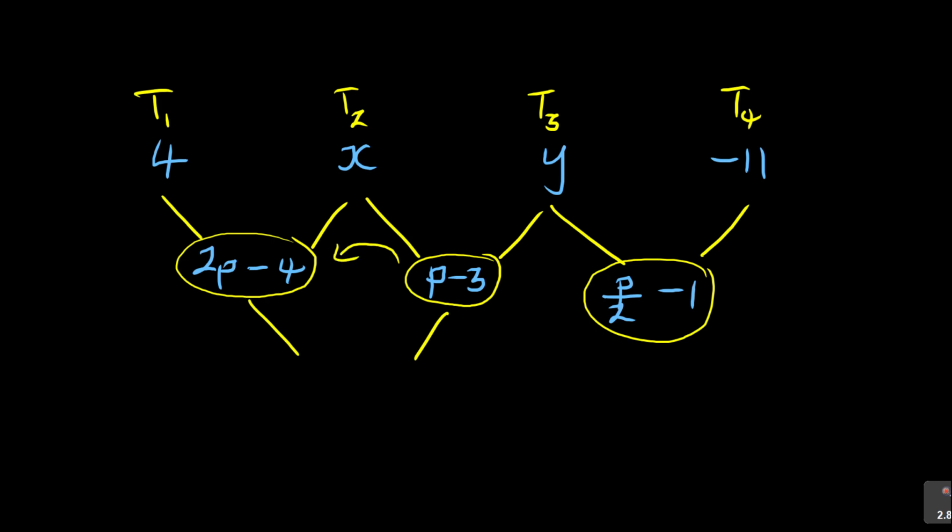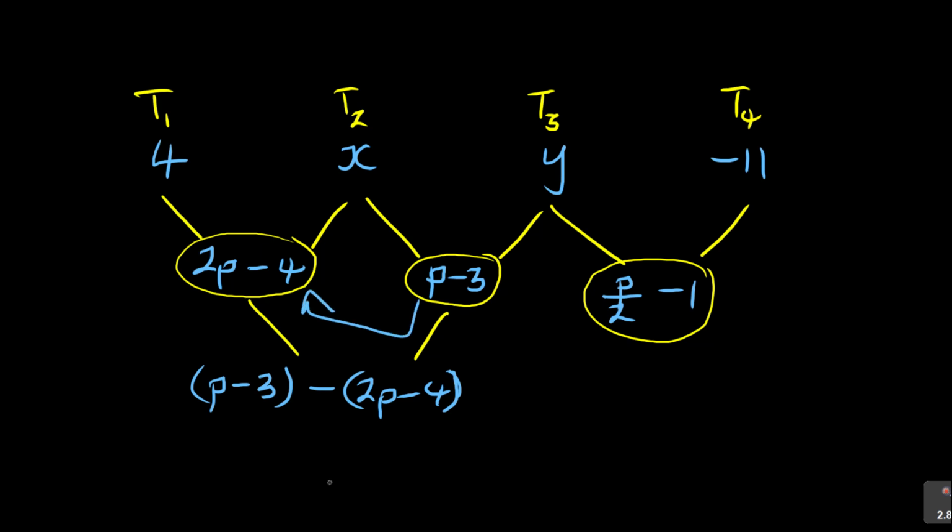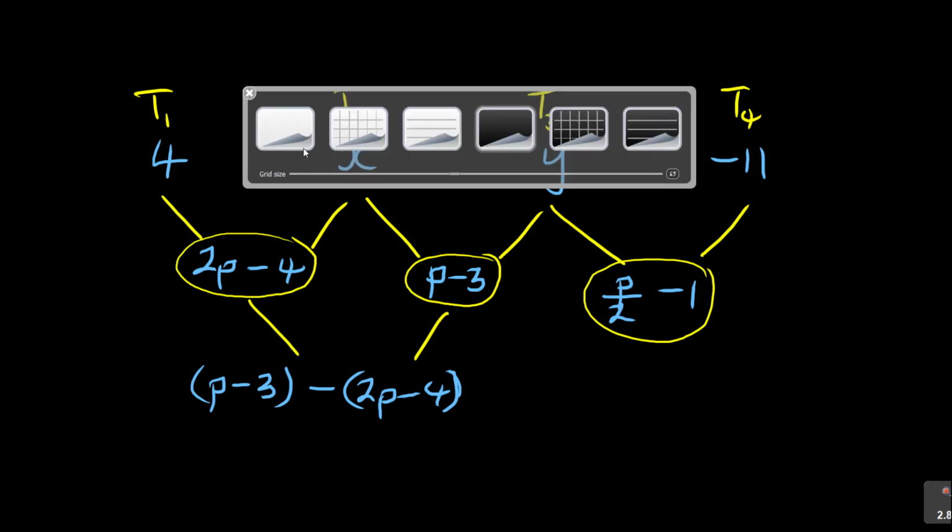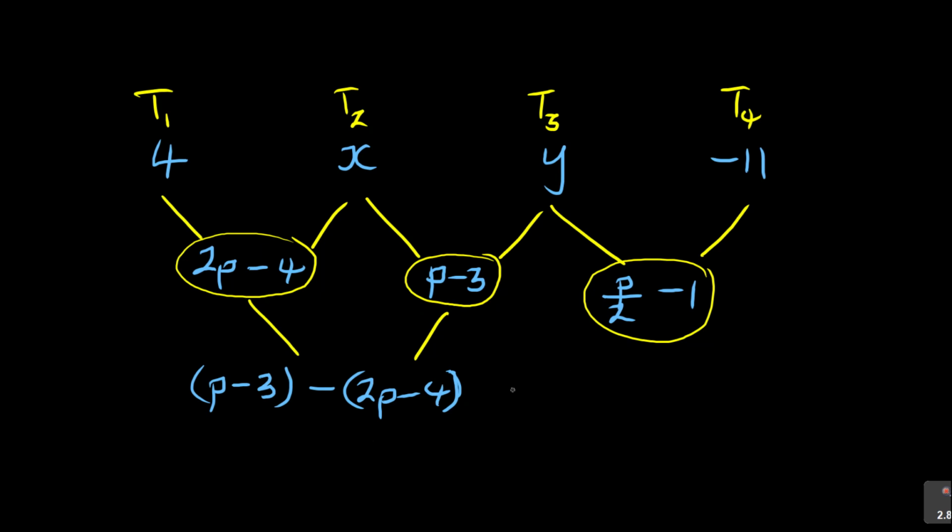So we do p minus 3 in brackets, minus 2p minus 4. It's that minus that. And then you repeat the same thing on the second one: p over 2 minus 1, so we are subtracting that minus that, put it in brackets, minus p minus 3.